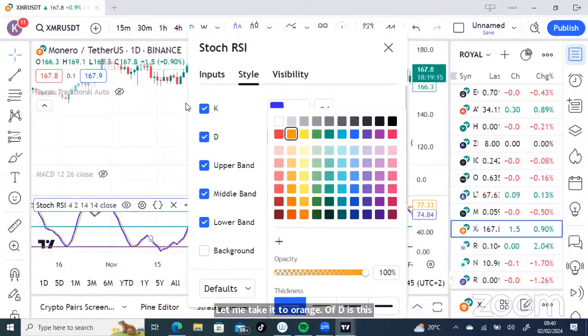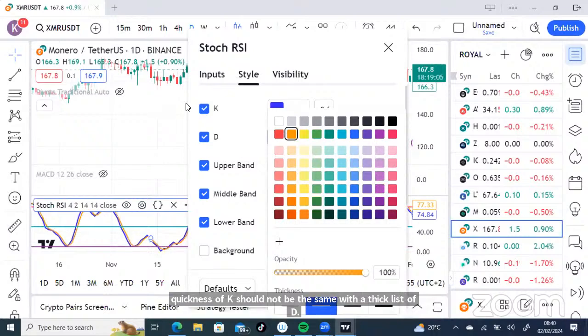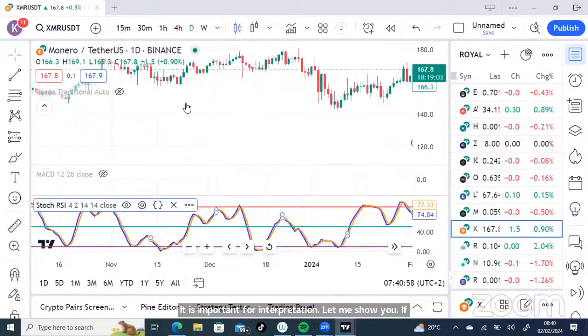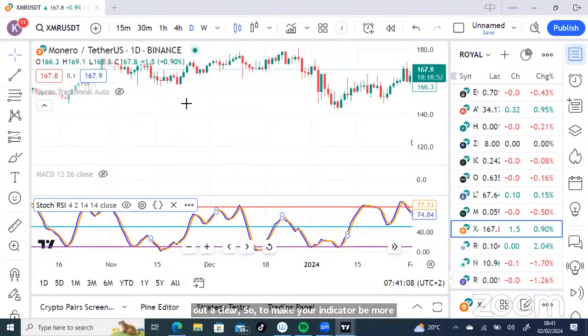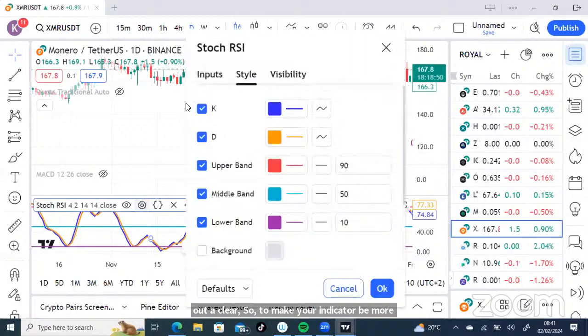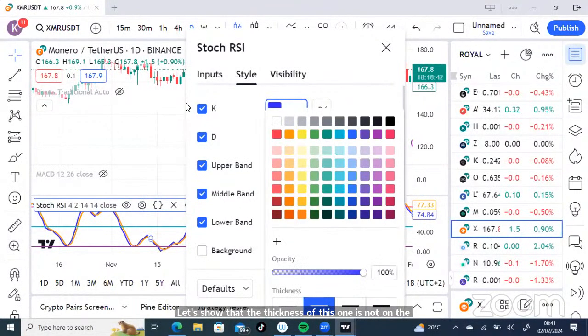The thickness of K should not be the same as the thickness of D. It is important for interpretation. If I make the thickness like this, the screen doesn't bring out a clear version for understanding. So to make your indicator more interpretable, make sure that the thickness of this one is not on the same level as the thickness of this. So you tap here, and maybe if I want, I will increase this.